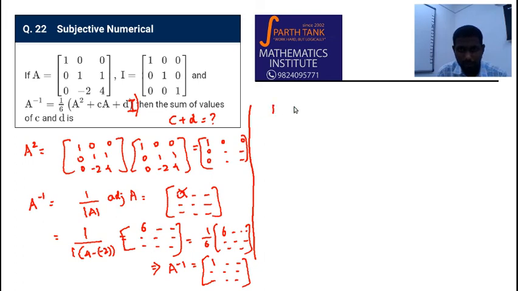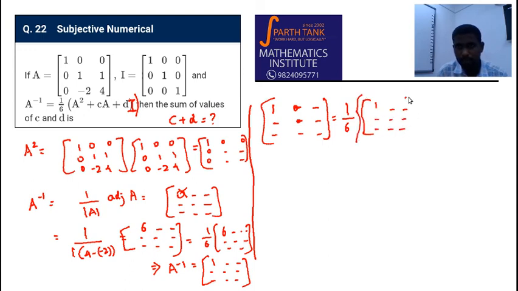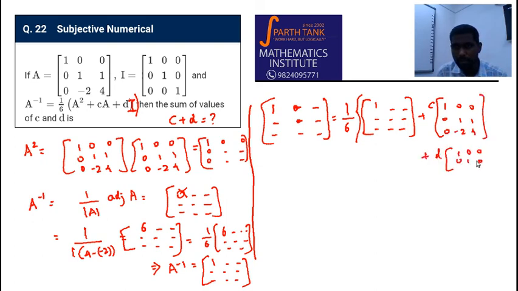A inverse is 1 and then I don't know what these are going to be, although I can guess that these two are going to be zeros as well. This is that matrix of A inverse is 1 by 6. A squared we saw is just 1 again here and all these are unknown, plus C into A is also 1 0 0, 0 1 1, 0 minus 2 4 and D is nothing but 1 0 0, 0 1 0, 0 0 1, right?